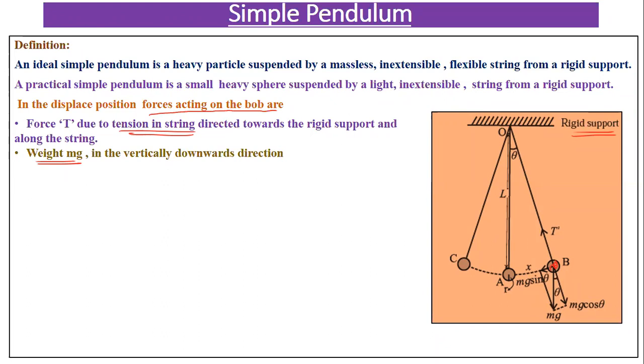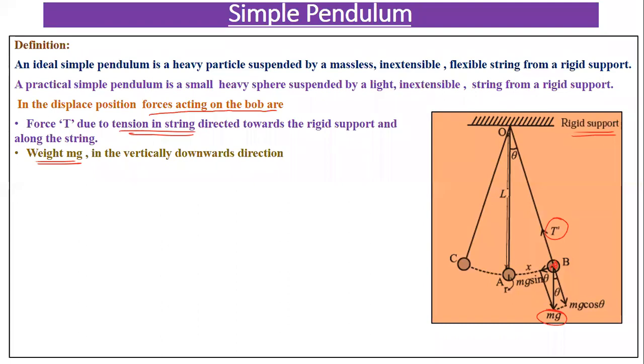Two forces are acting on this bob. The first force is tension, you can see in the diagram tension T, and the second one is weight. We already learned the conical pendulum article. In that also two forces are acting on the bob, first is tension and second is weight. Same forces are acting here.